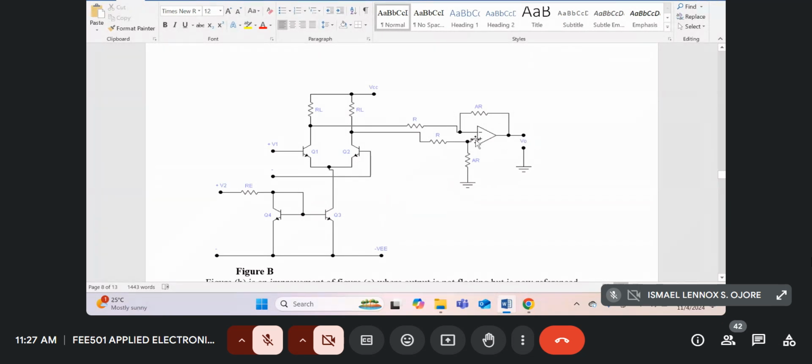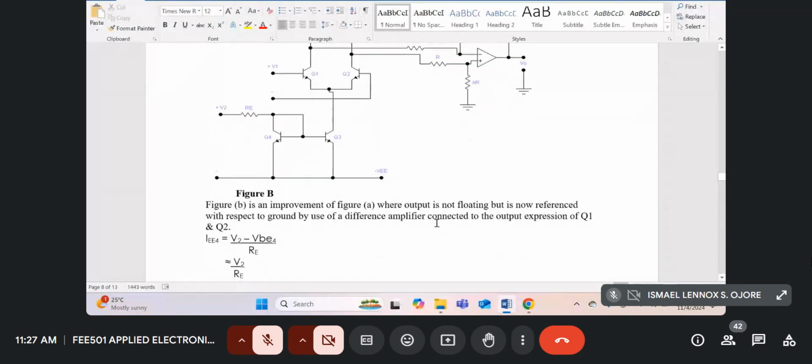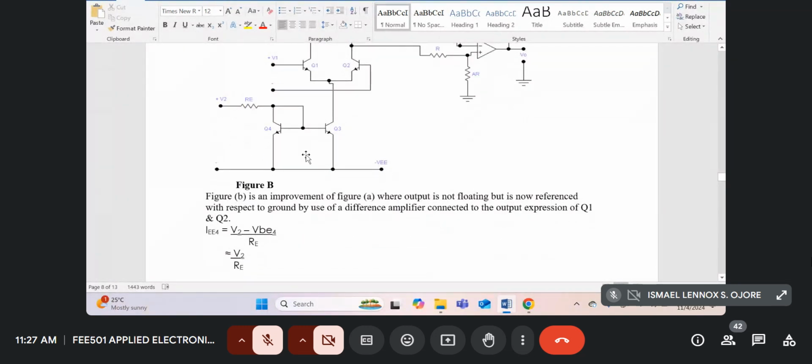So now the output is with respect to the ground. Now V1 can also be put with respect to the ground, but V2 is still not with respect to the ground. So this is just another implementation whereby the current at the emitters of Q1 and Q2, you call it IEE.